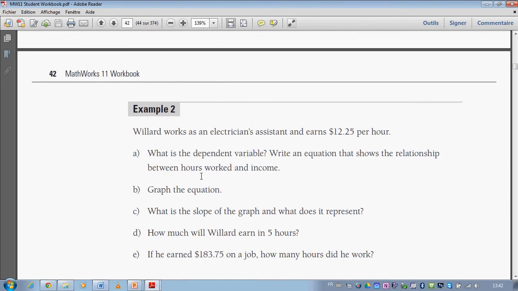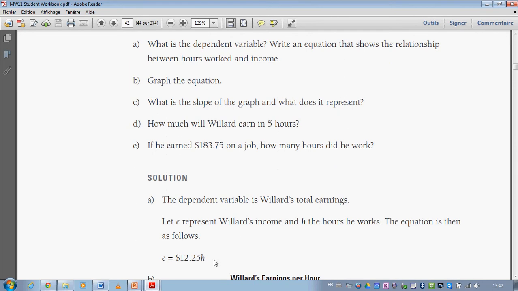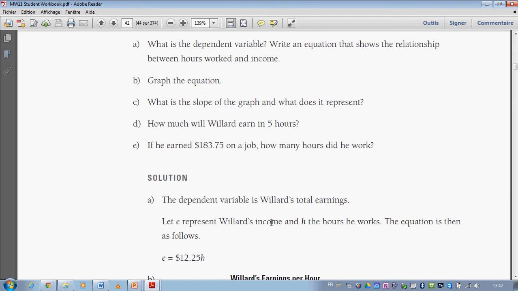So Willard works as an electrician's assistant, earning $12.25 per hour. What is the dependent variable? Write an equation that shows the relationship between hours worked and income. Okay. So here's what they wrote down as an equation, where E is Willard's income and H is the amount of hours he worked. Looking at this, you can probably tell me which one is the independent variable and which is the dependent variable.